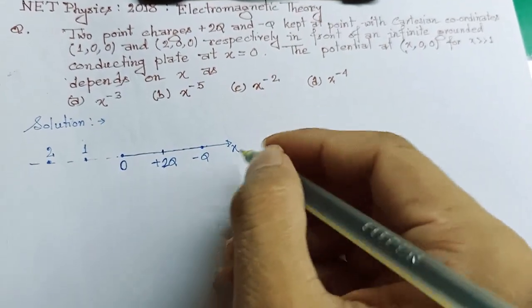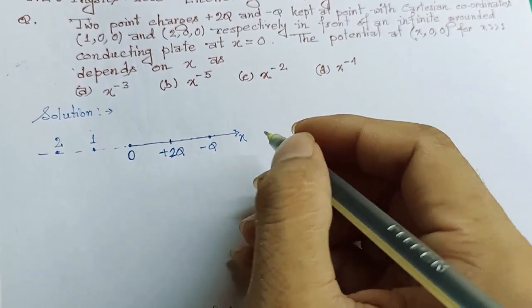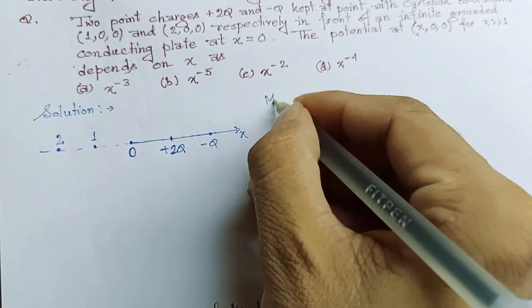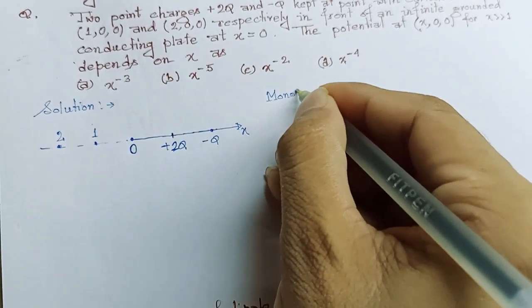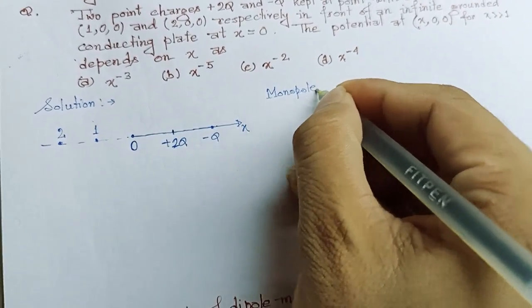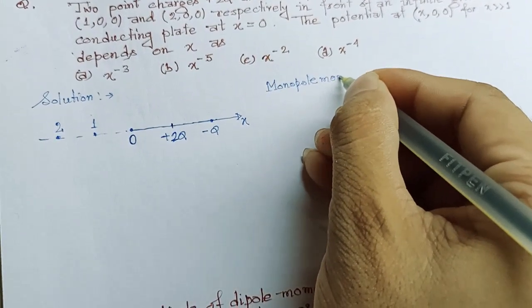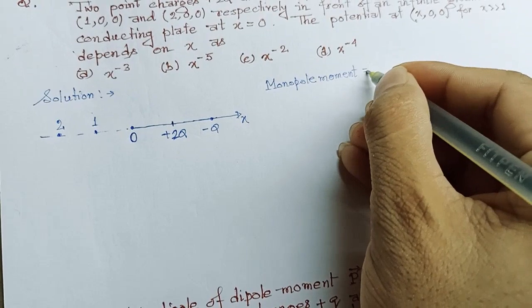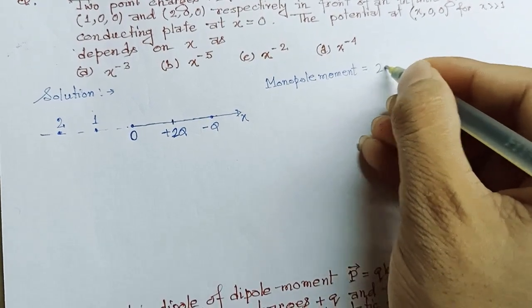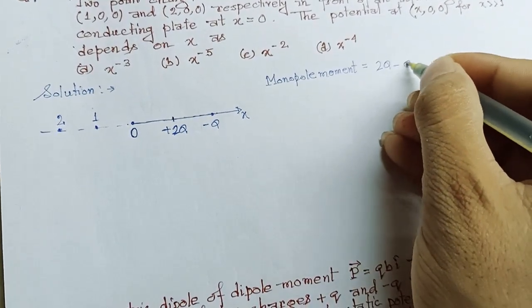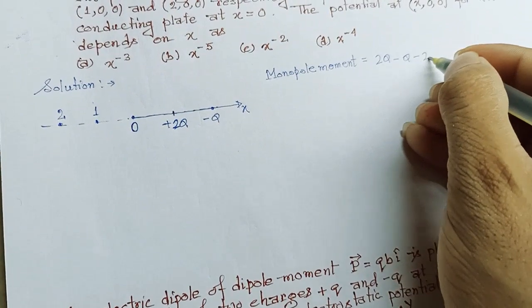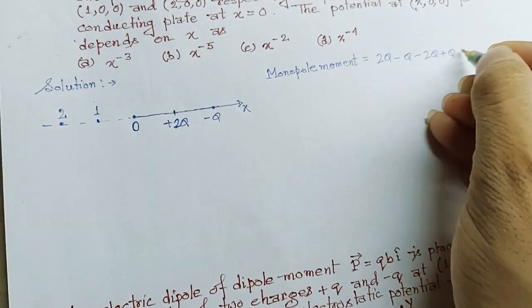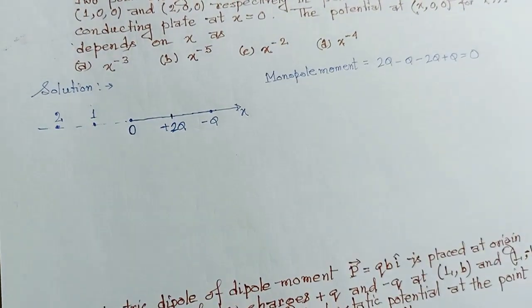So in this question our monopole moment will be equal to 2q minus q minus 2q plus q, which is equal to 0.